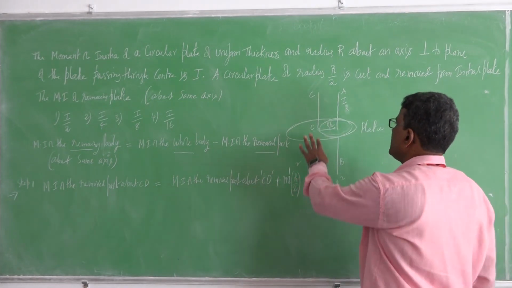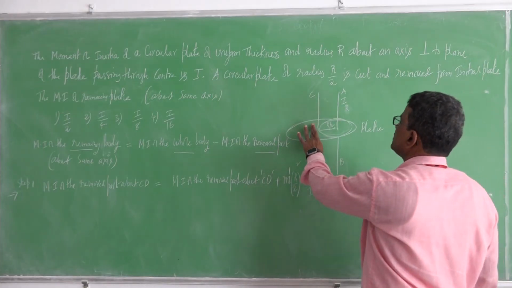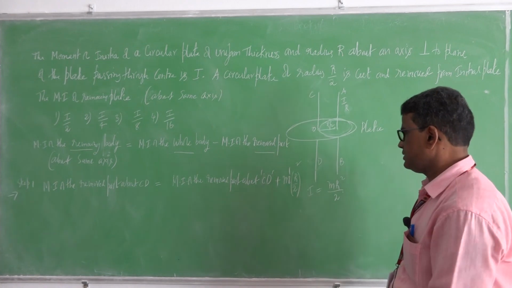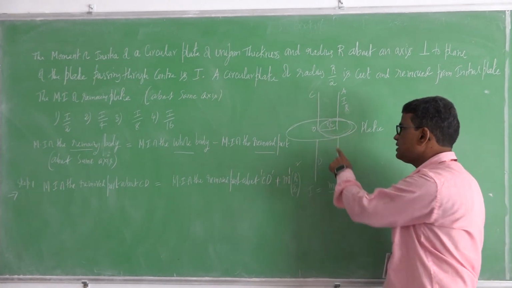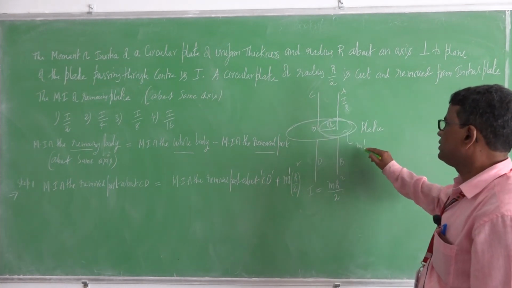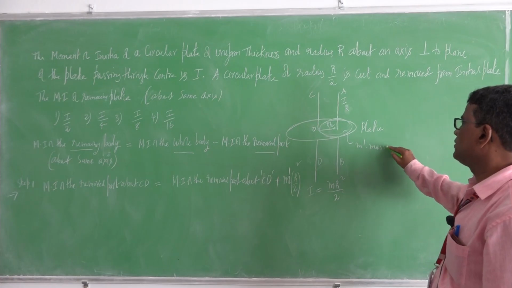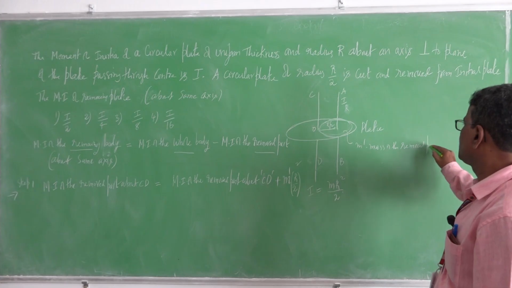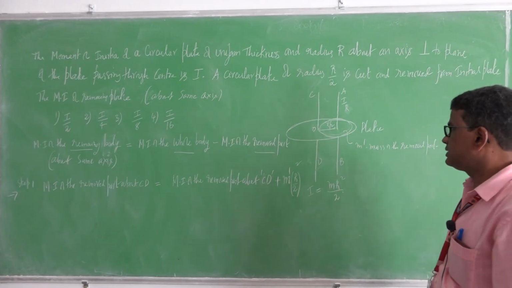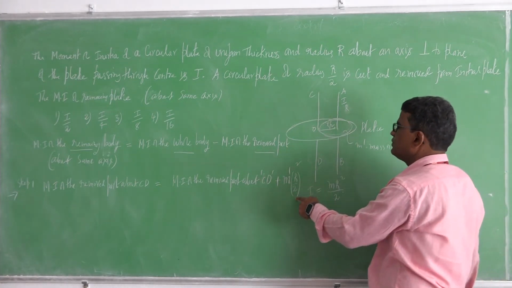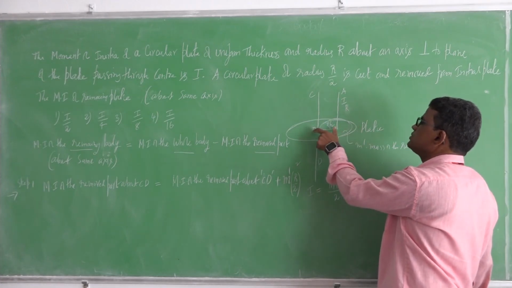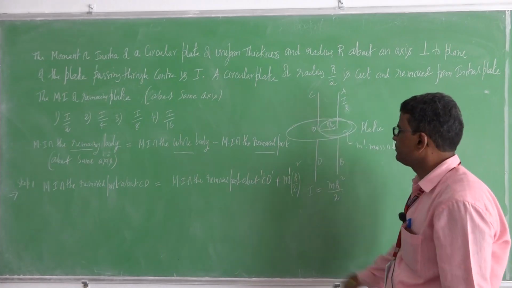This is the CD axis, let O be the center. Here m dash is the mass of the removed part, whose radius is r by 2, which is at a distance r by 2. This whole thing is r, so this perpendicular distance is r by 2.